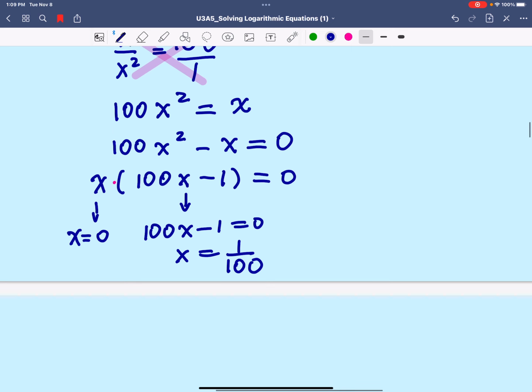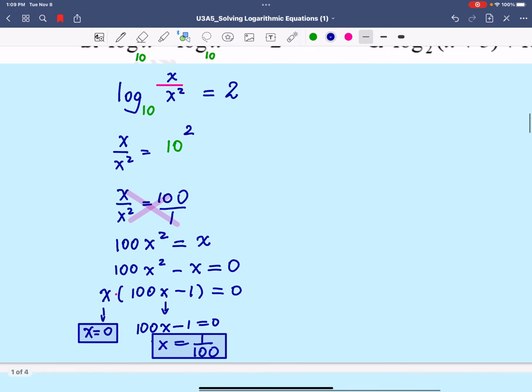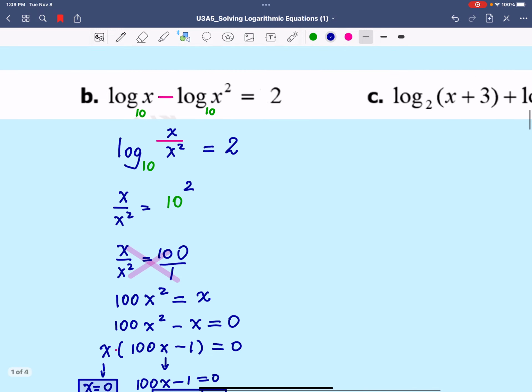Now, these are the solutions that we obtained from solving this equation, and now we have to check and see if both solutions work, or which ones would be acceptable or not. So if you want to check for x equals 0, we always check in the original equation. So what you would have in here is log with base 10 of 0 minus log with base 10 of 0 squared equals 2.